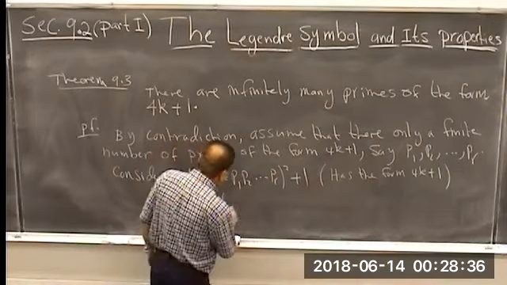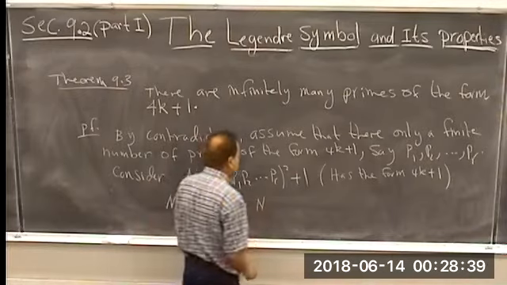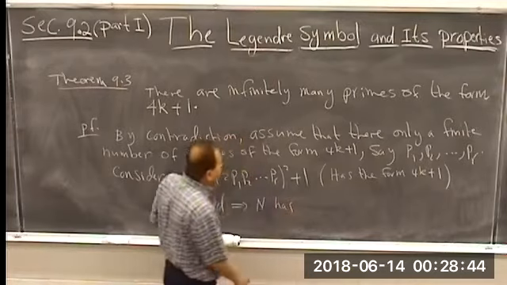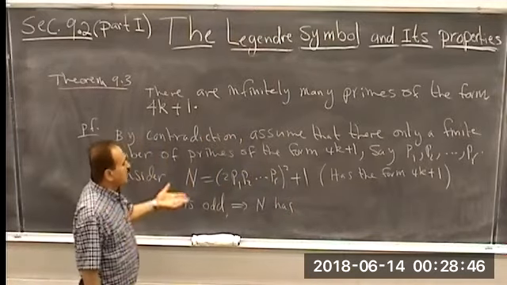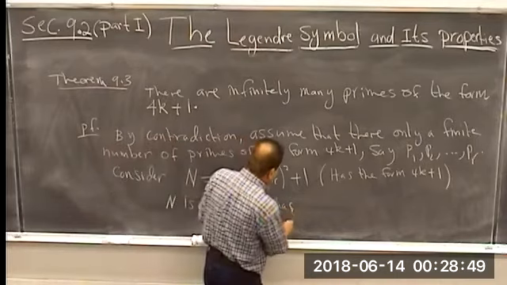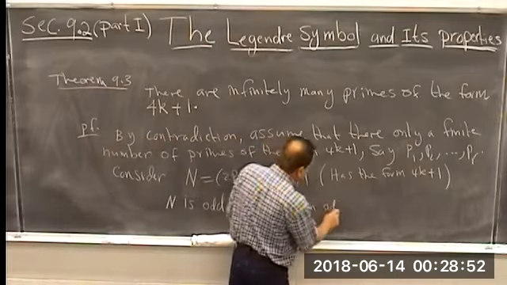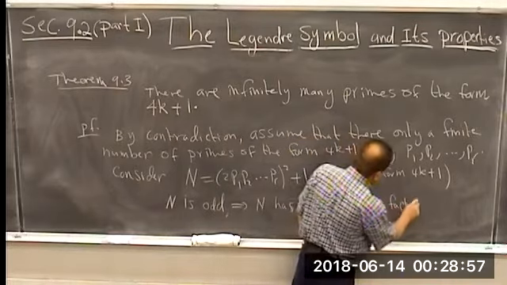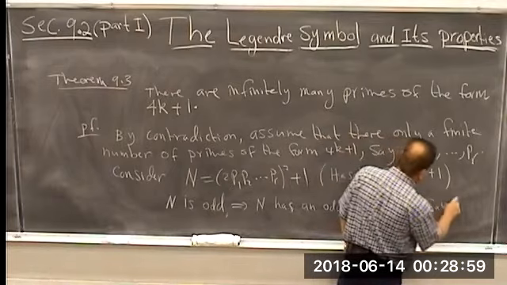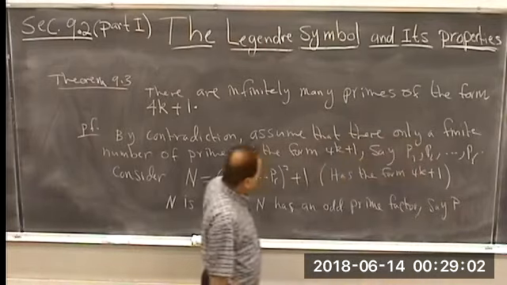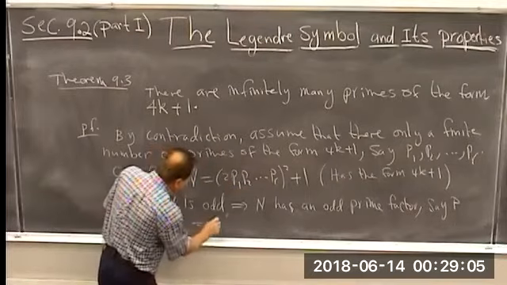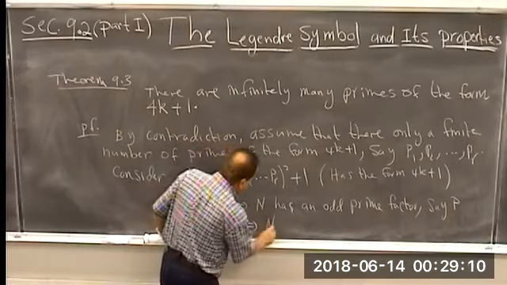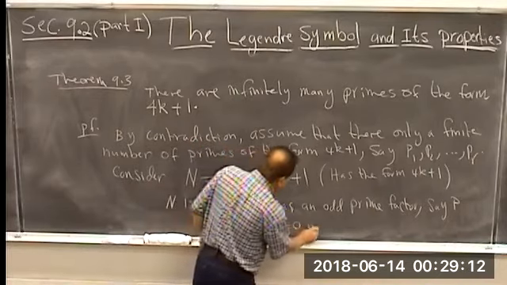This implies that n is either itself a prime or has an odd prime factor, let's say p. So this implies that p divides n, and this is equivalent to saying that n is congruent to 0 mod p.